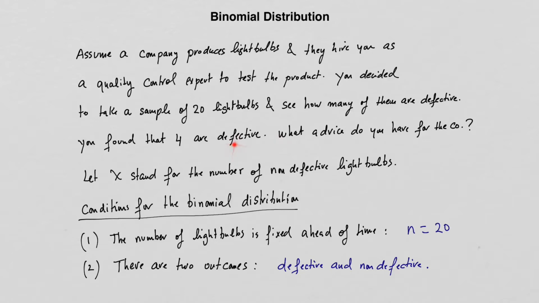You're either on or off. You either pass some exam or you don't pass. A woman either delivers a baby or has not delivered the baby. There is no in between. So it has to be a binary. We know it is a binary because the light bulbs have only 2 options, to be defective or non-defective. Okay, so 2 conditions are fulfilled.